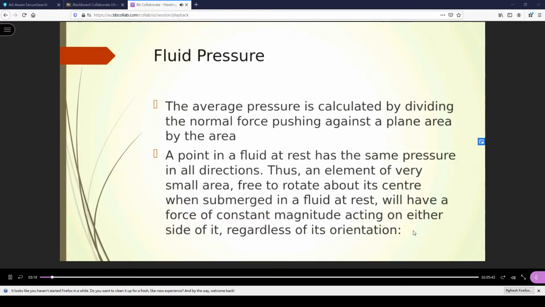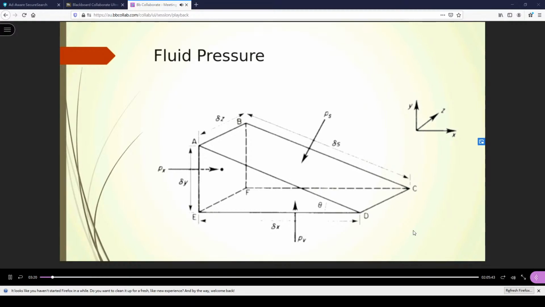Now let's look at a tiny volume shown on the screen. What you see on the screen is a very tiny piston or something like that. You see delta y, delta z, delta x.